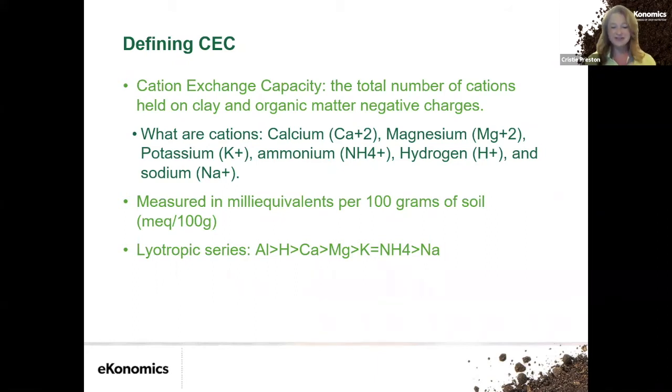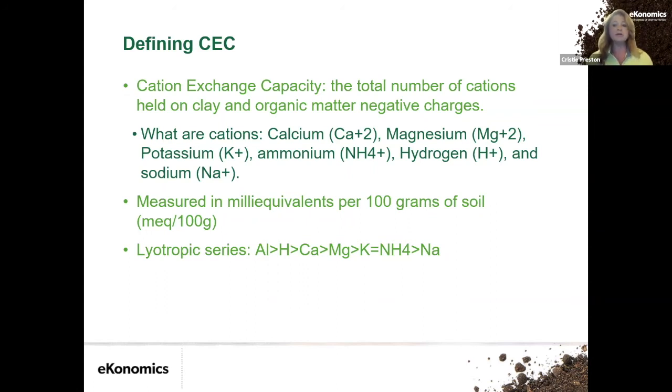But here are the correct examples of what cations are: calcium, magnesium, potassium, ammonium, hydrogen, and sodium. All of these nutrients are added together to determine what the cation exchange capacity of the soil is. Again, it's measured in milliequivalents per 100 grams of soil.